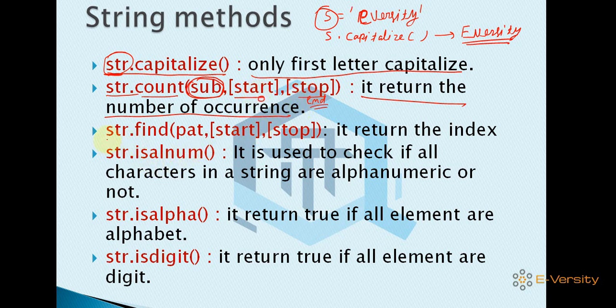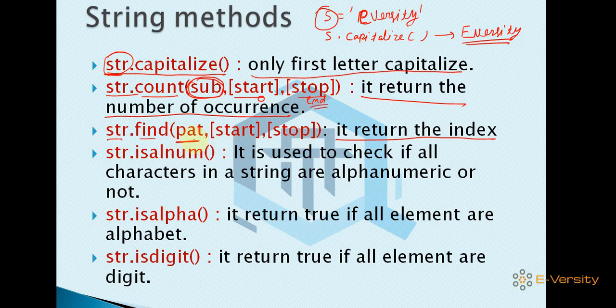Next is str dot find. Find is the function which works as a search option. It returns the index of whatever you are giving here. Pat is for the pattern you want to find. Same here, start and stop are optional, you can override them, otherwise it takes 0 and the end. It returns the index value.